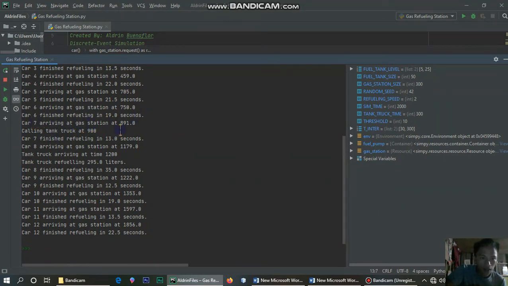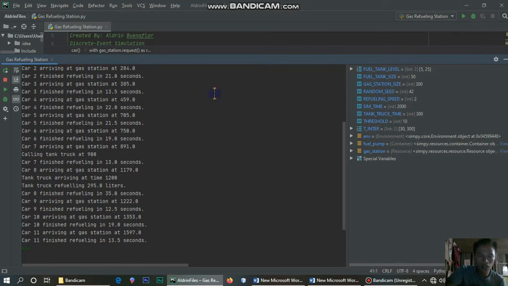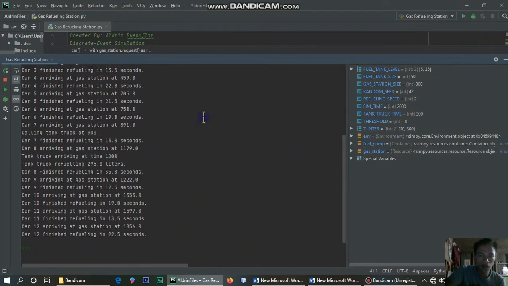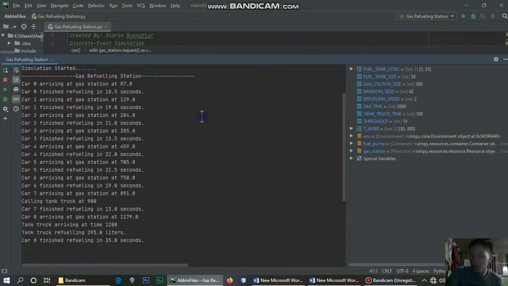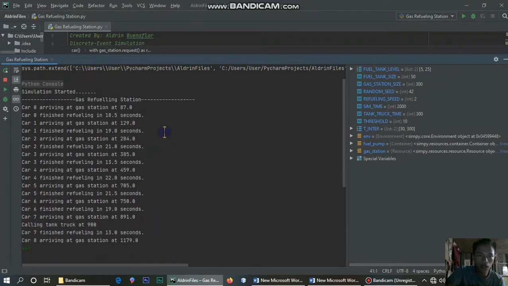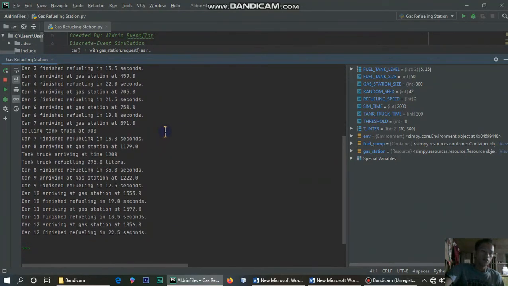Arriving at the gas station at 891 seconds, calling a tank truck at 900 because the gas station is out of fuel now. Then calling the tank truck at 900 seconds.